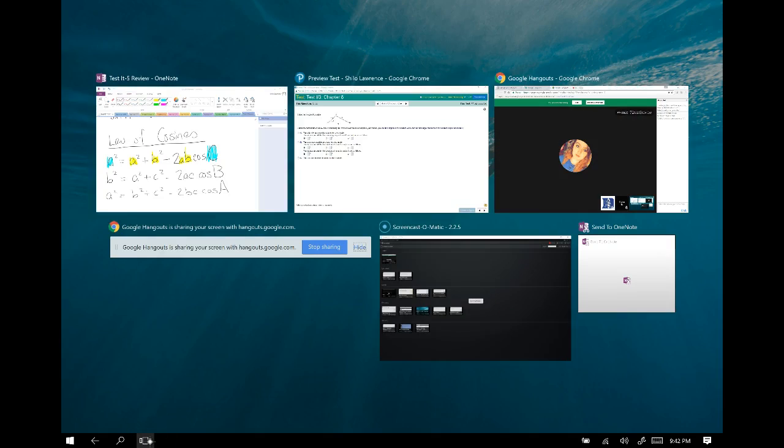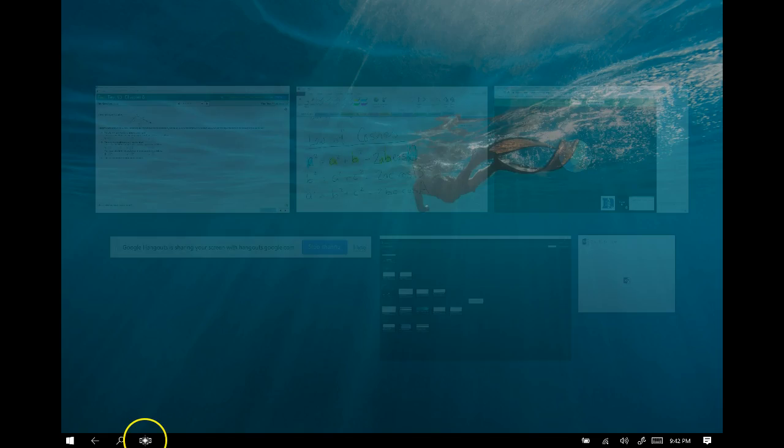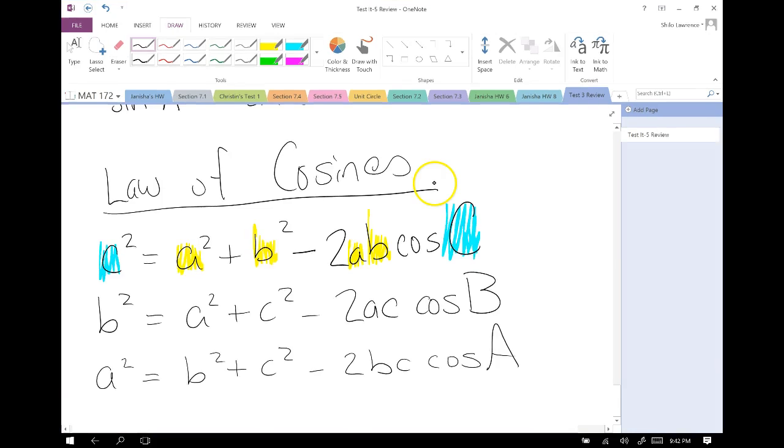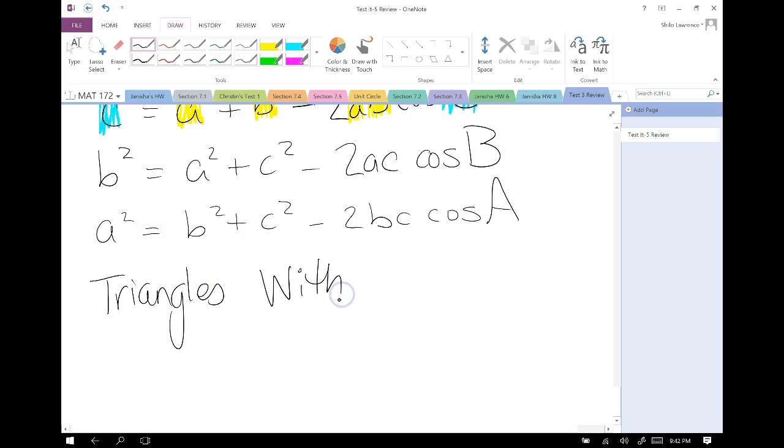In your homework, there were a few problems where the triangles had more than one solution. Those were kind of tricky. You know there's going to be two solutions depending on what information they give you.